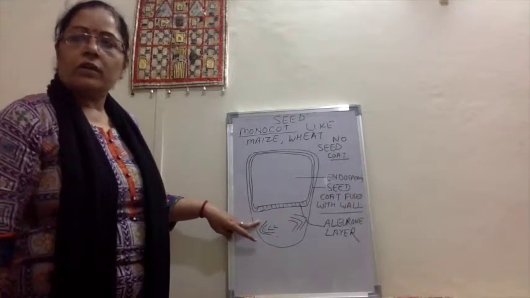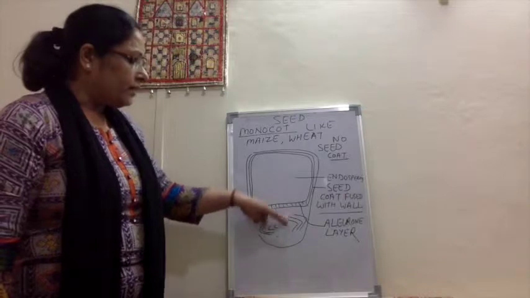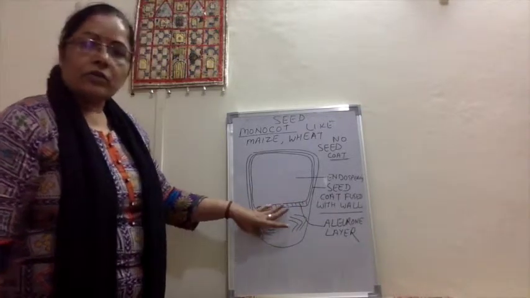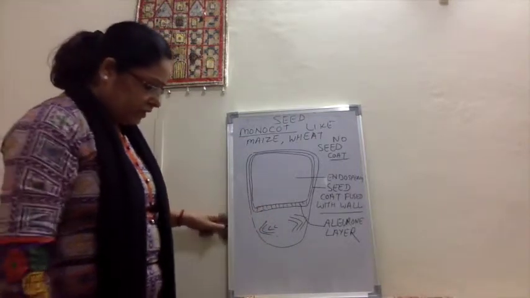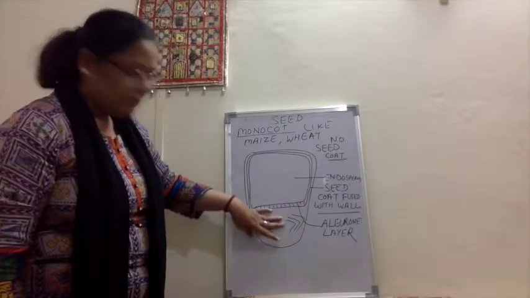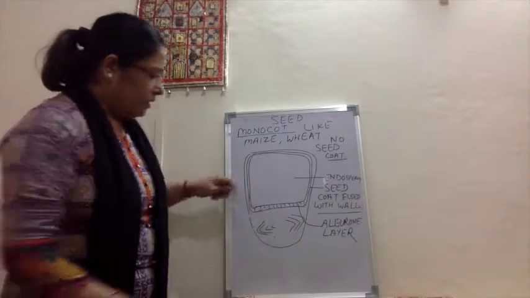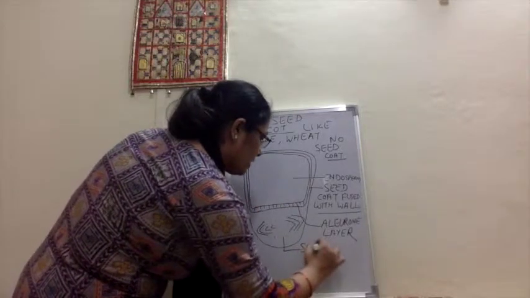Embryo is very small, in a groove at one corner, and it is protected by coleoptile and coleorhiza. There is plumule and radicle, both are there, and one cotyledon, which is called scutellum.